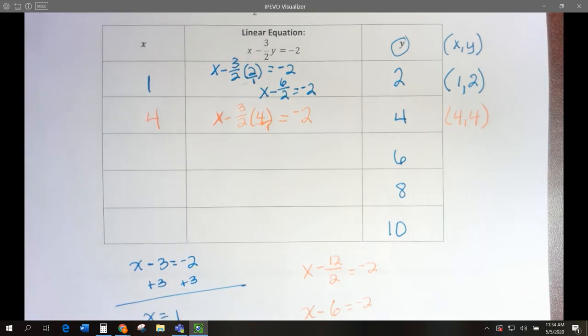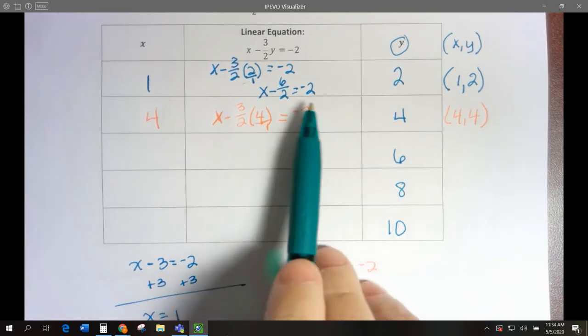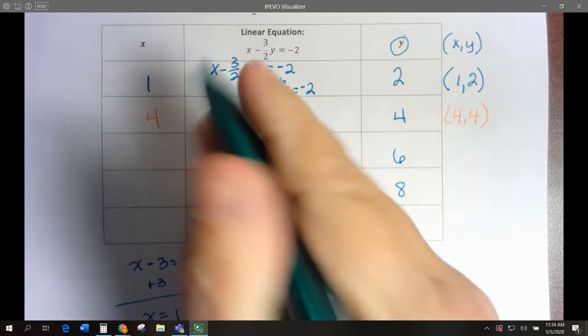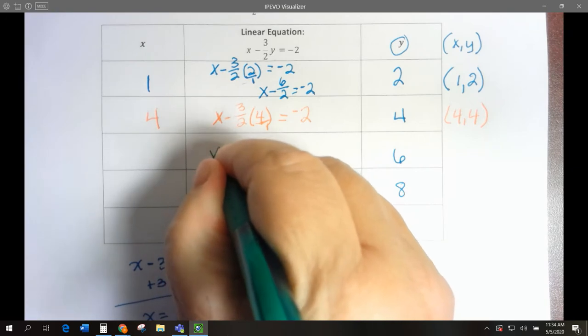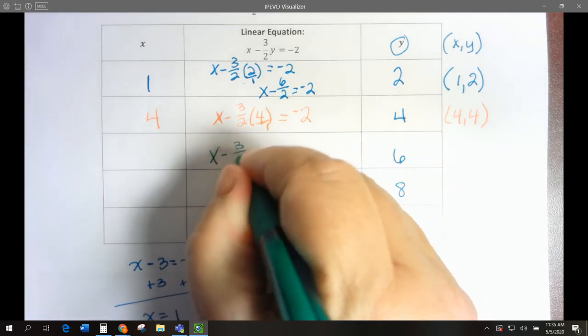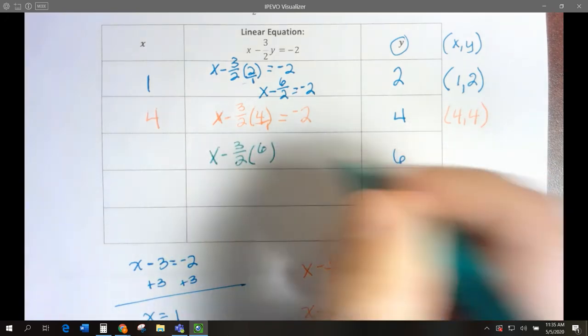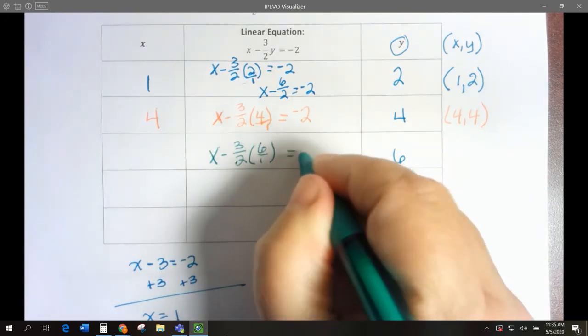Now we're going to do it when y equals 6. So for y, we're going to put in 6. We're going to have x minus 3/2 times 6. I'm going to make that 6 over 1, right? Equals negative 2.